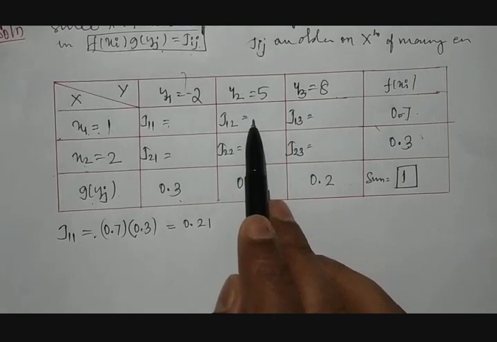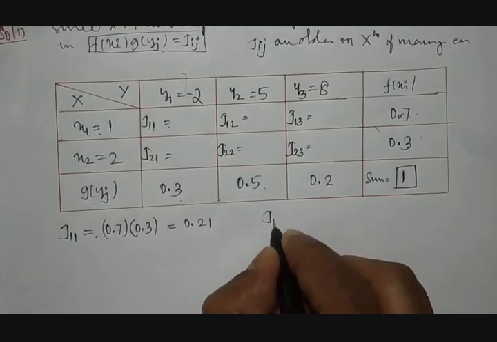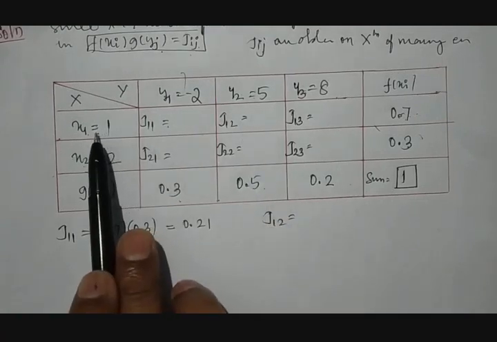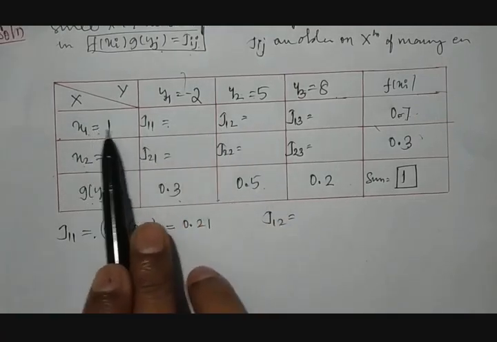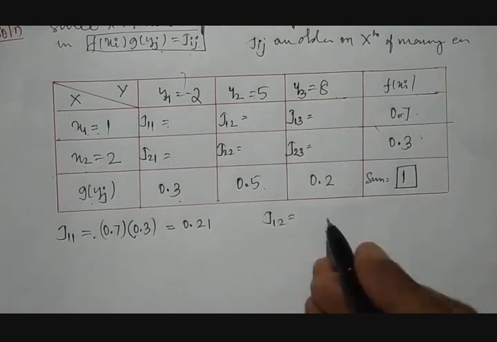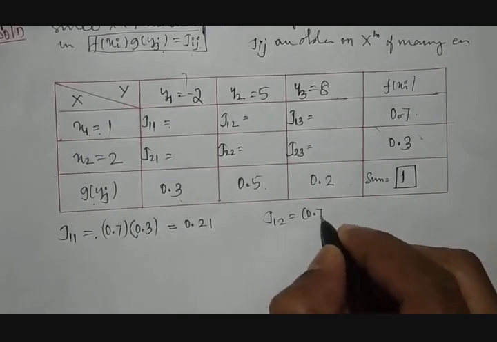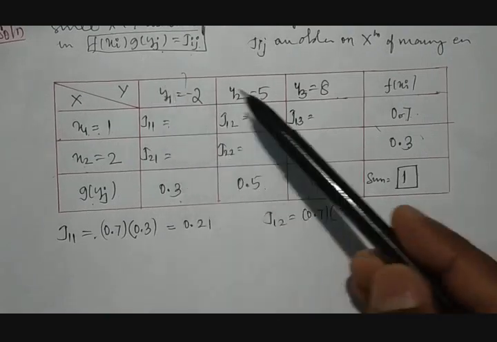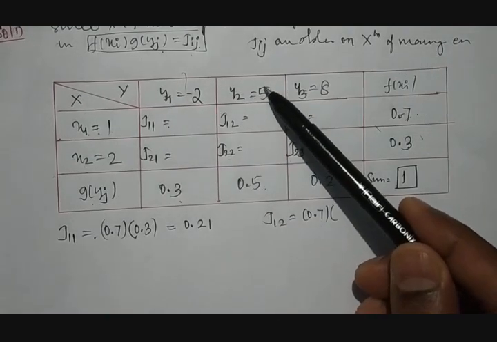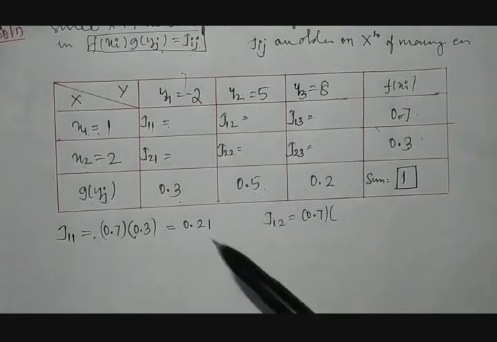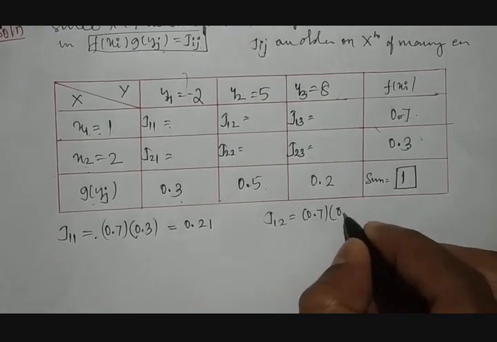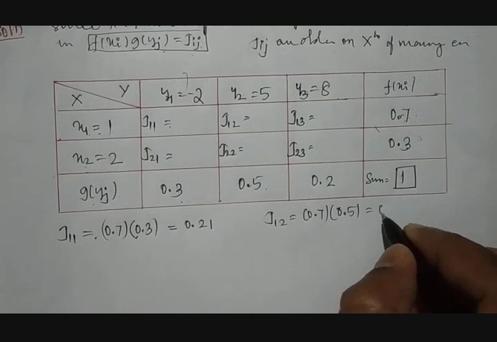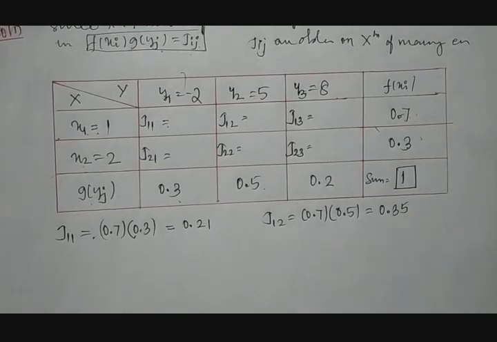Similarly, second, J12. Again you can see, the row x has 0.7, that is f of xi. Then let us see g of yj. For this column it is 0.5. So if you take the product, it becomes 0.35.